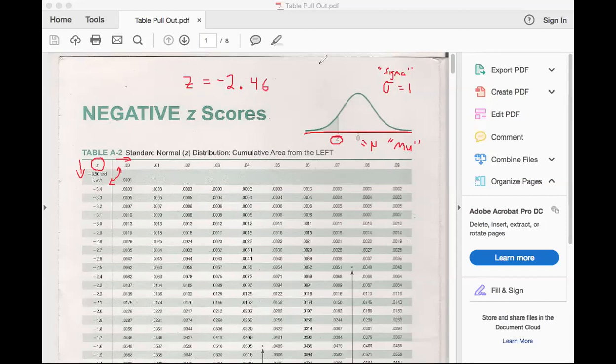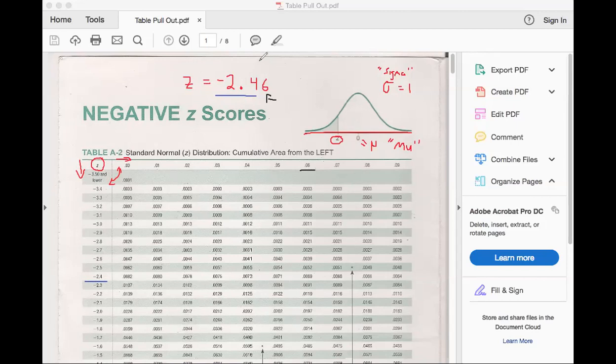If I tell you a Z-score equals negative 2.46, my first 2 numbers are the negative 2.4. So I come down the left column and find negative 2.4. Then the last number is in the second decimal place, so I come over to find 0.06.